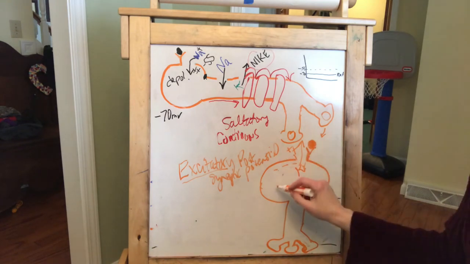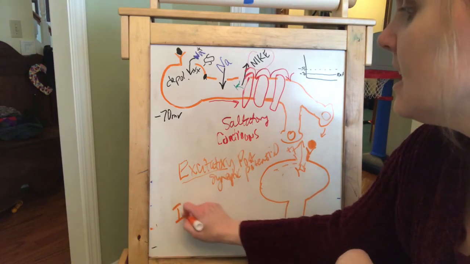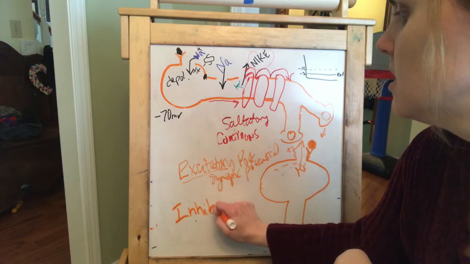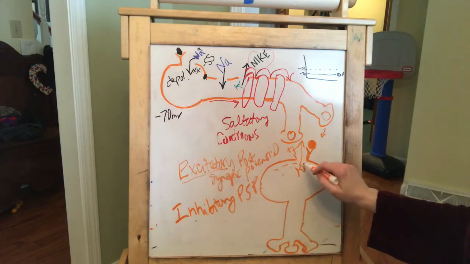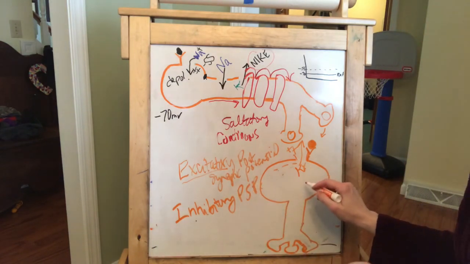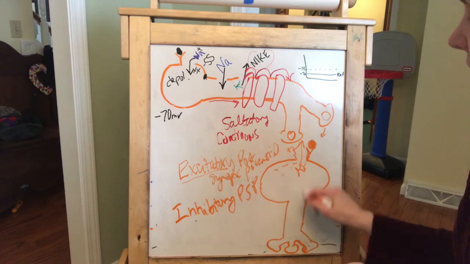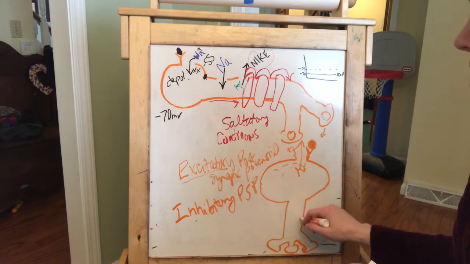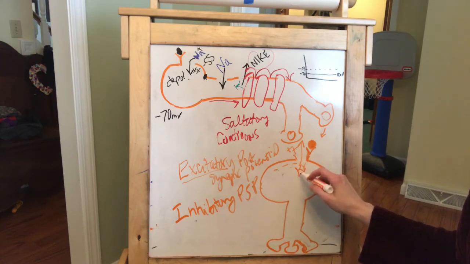Say we could move from -70 to -80 or -90. That is called an inhibitory postsynaptic potential because we're moving away from that threshold that needs to be reached for an action potential to be generated. So we're inhibiting that action potential from being generated. So that's called an inhibitory postsynaptic potential.